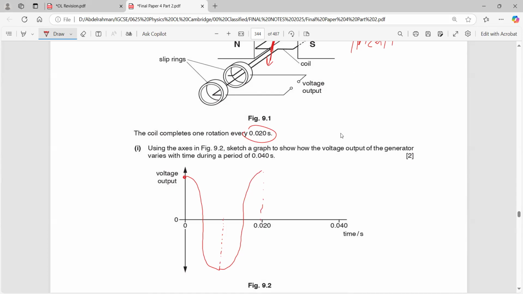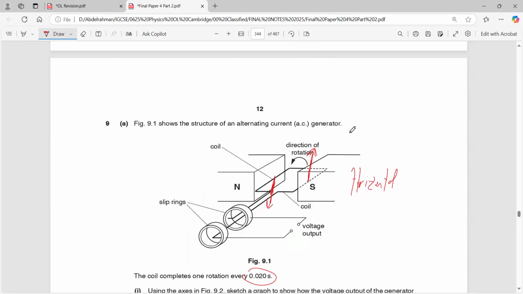Then I will complete another cosine wave, ending at the maximum position at 0.04. Horizontal position means the maximum output voltage. Okay, good, not bad.